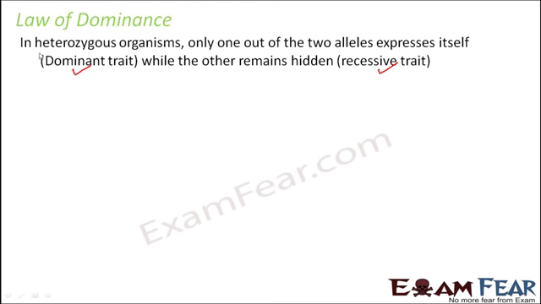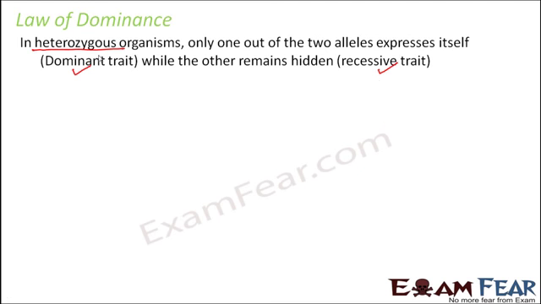It is applicable only for heterozygous organisms, because for homozygous there is no doubt, you already know what will be the phenotype. In homozygous both the alleles are the same, so obviously that allele will express itself. But in heterozygous, since you have two different alleles, there is a doubt which will express. So the one which is dominant will express. So that was the law of dominance.